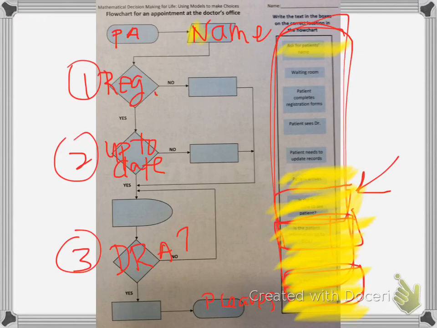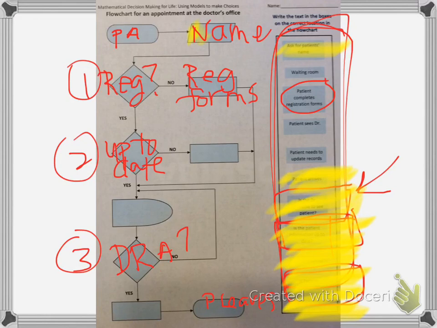If I come down my flow chart, so I got the patient's name, now I'm going to come down and say, oh, are you registered? If the answer is no, then guess what I'm going to do? I'm going to have the patient complete registration forms. So registration forms is going to go here.